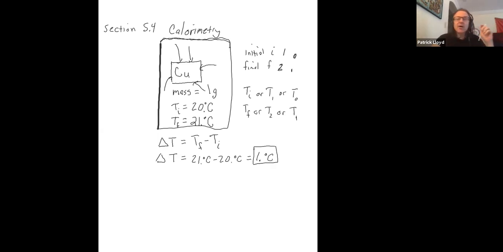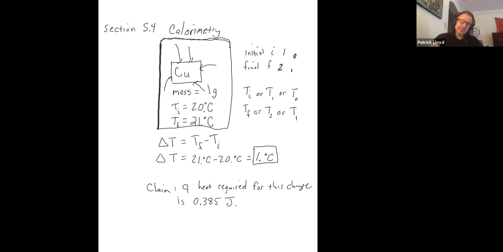Now what I'm going to claim, this is my claim: the heat required for this change is 0.385 joules.